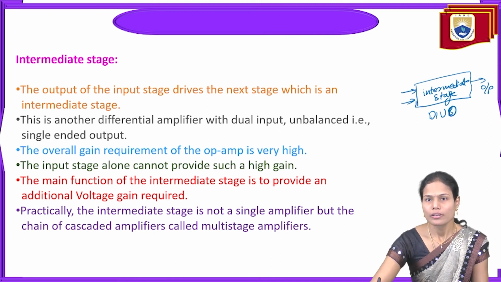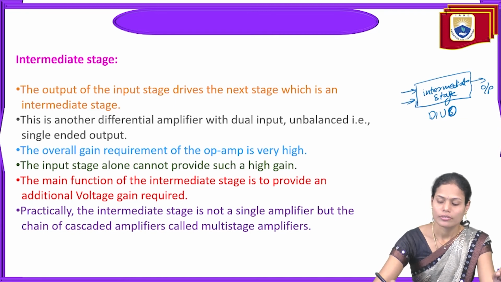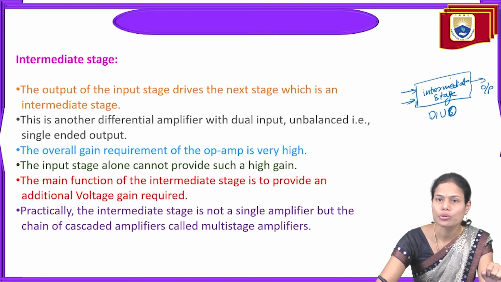This stage is used to improve the overall gain of the operational amplifier. Here, instead of using a single stage, we can use multiple cascaded stages in order to improve the gain. The input stage alone cannot provide the high gain, so for that reason we add the intermediate stage in the form of more differential amplifiers.